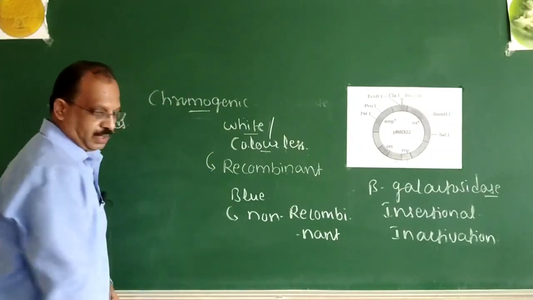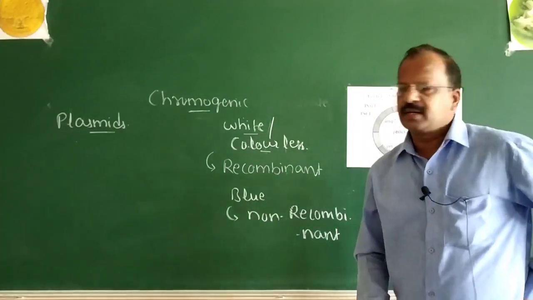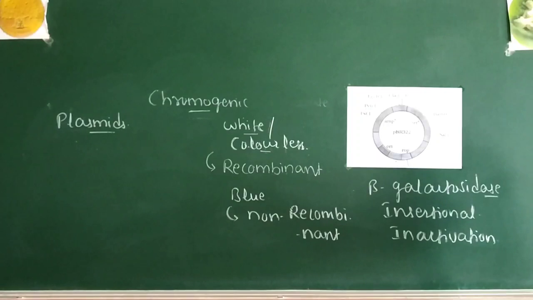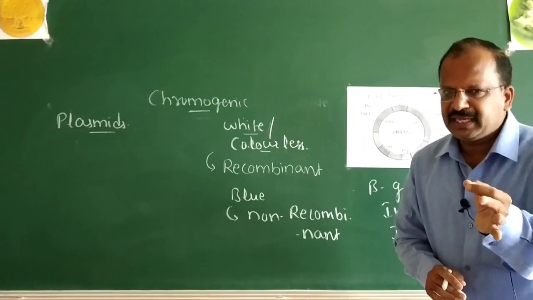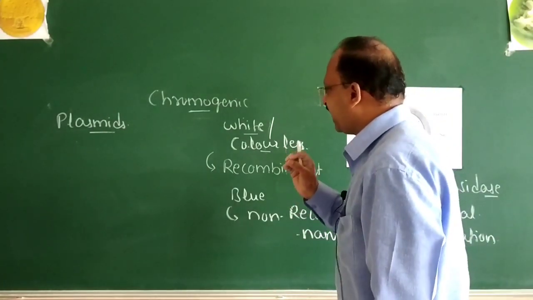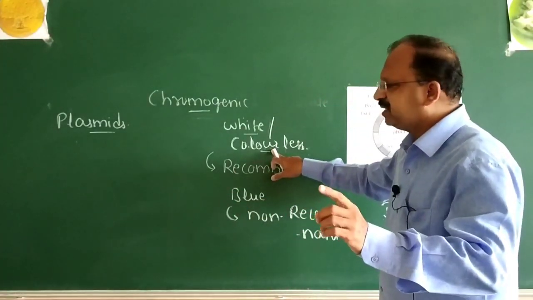Okay, look over here, take care of this matter because it will leave you confused. When the recombinant DNA is ligated to beta galactosidase, the enzyme will become inactive. As a result, the chromogenic substance is not expressed in the colony, and the colony will appear white in color.